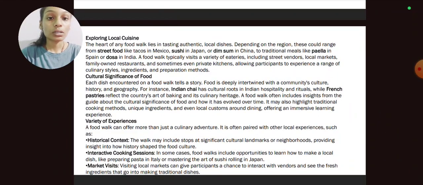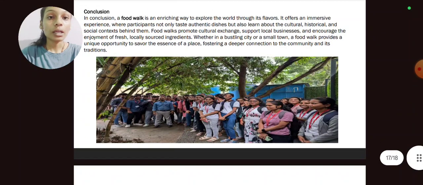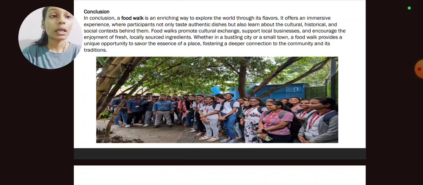local cuisine. Conclusion. In conclusion, a food walk is an enriching way to explore the world through its flavors. It offers an immersive experience where participants not only taste authentic dishes but also learn about the cultural, historical, and social context behind them.